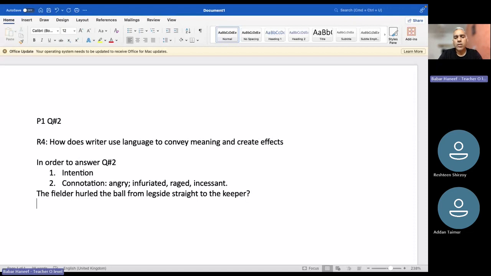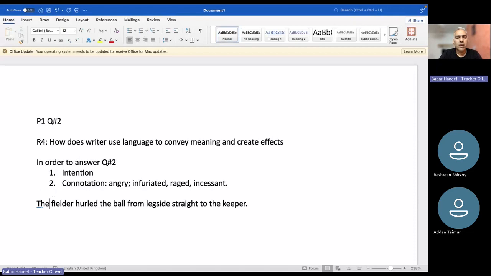You can have this question in the paper: why has the writer used the word, say, hurled, instead of threw?